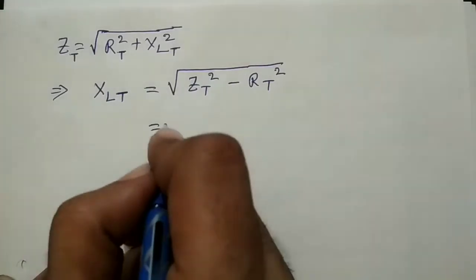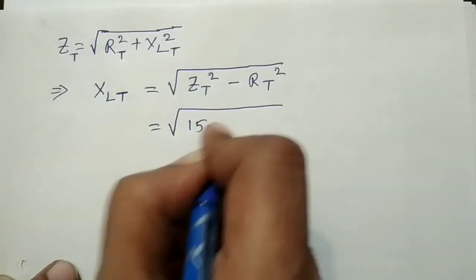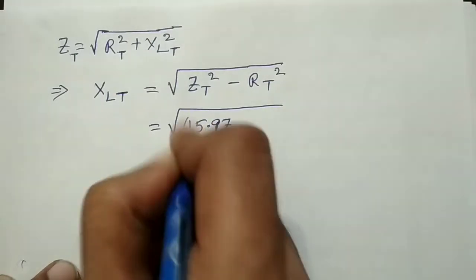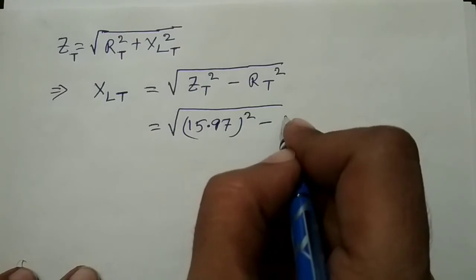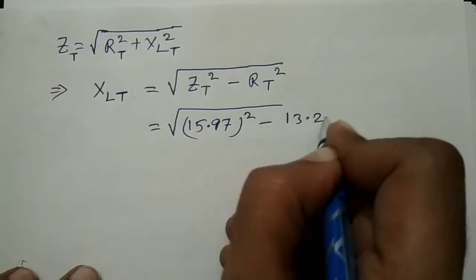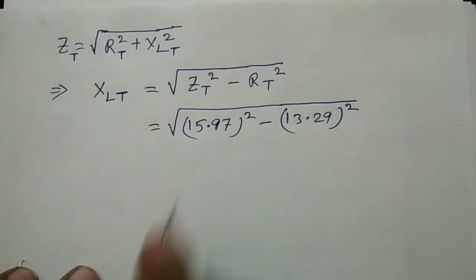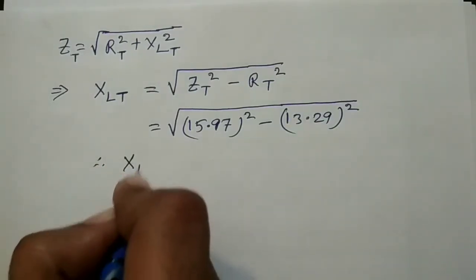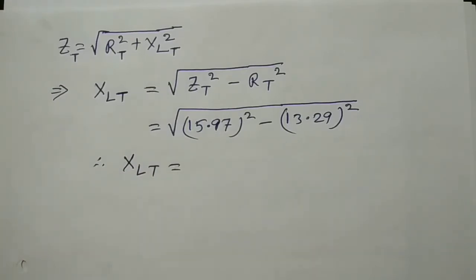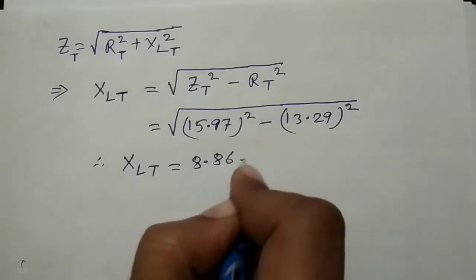The impedance we have calculated is 15.97, and the total resistance also we have calculated, that is 13.29. So the total inductive reactance of the circuit will be 8.86 ohms.